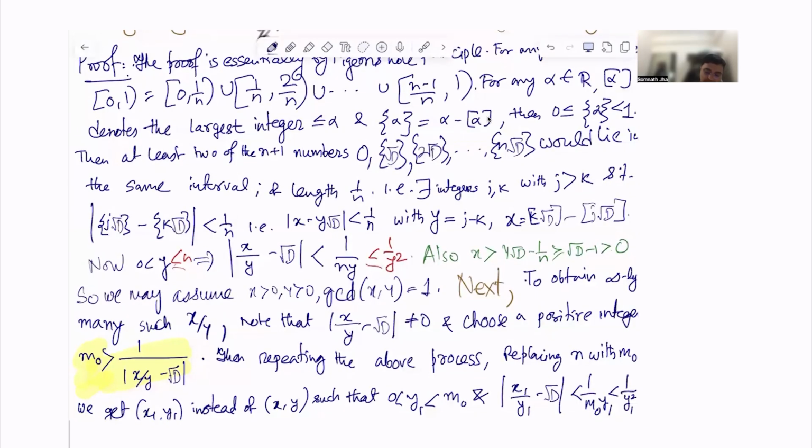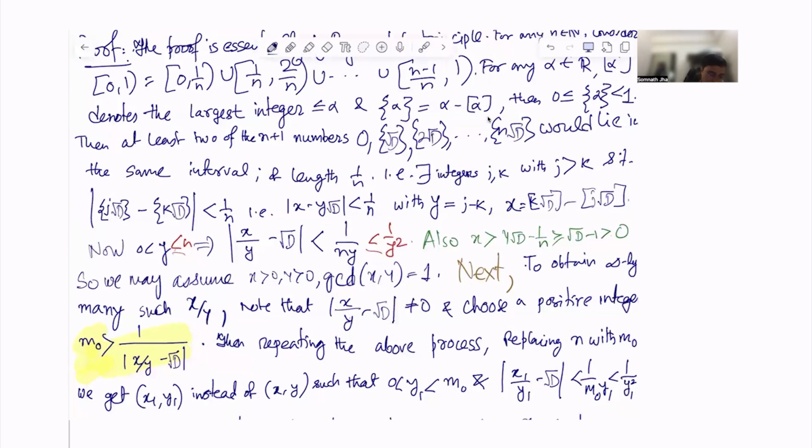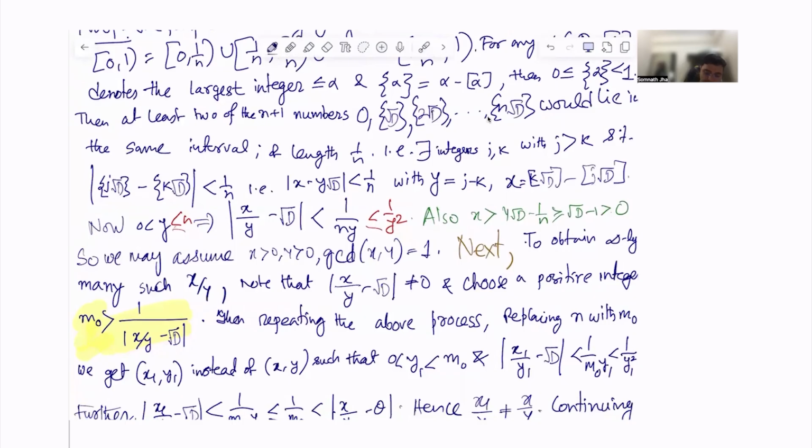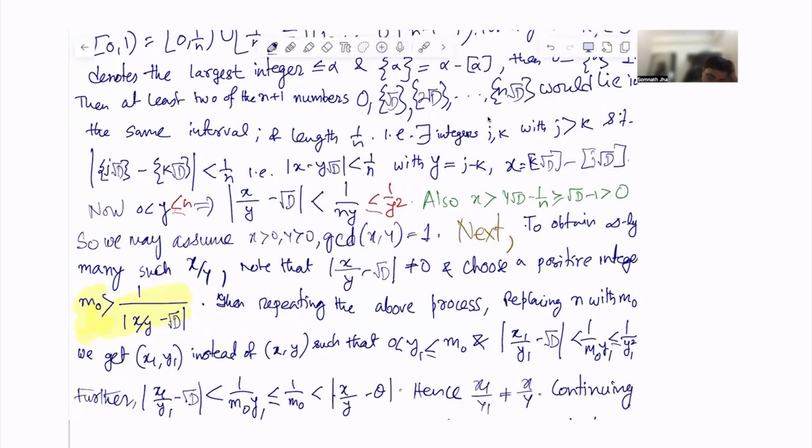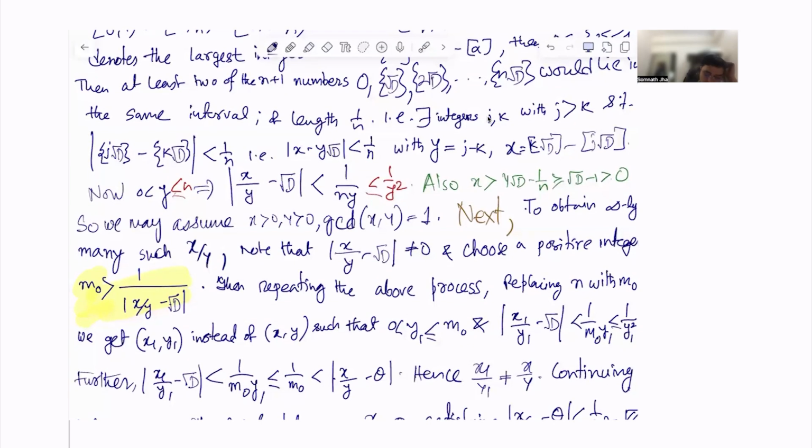So by repeating the same process with m naught in place of n, we get x1 y1 instead of x y, such that 0 less than y1 less than m naught, and |x1 by y1 minus root d| is strictly less than 1 by m naught into y1, and that is less than or equal to 1 by y1 square.